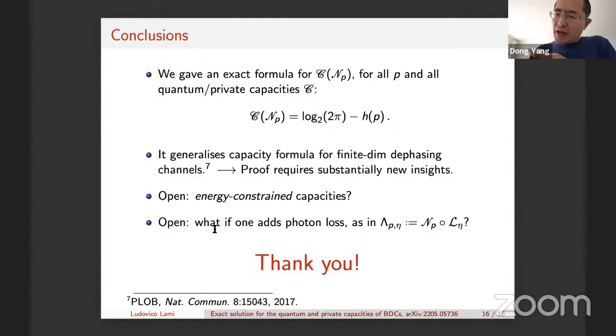I have a question. I'm not familiar with the continuous case, but I'm wondering whether the channel is the type of channel that just generates maximally correlated states.